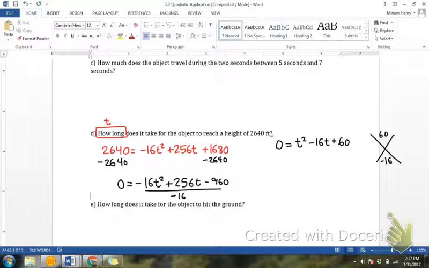What two numbers multiply to get positive 60 and add to get a negative 16?